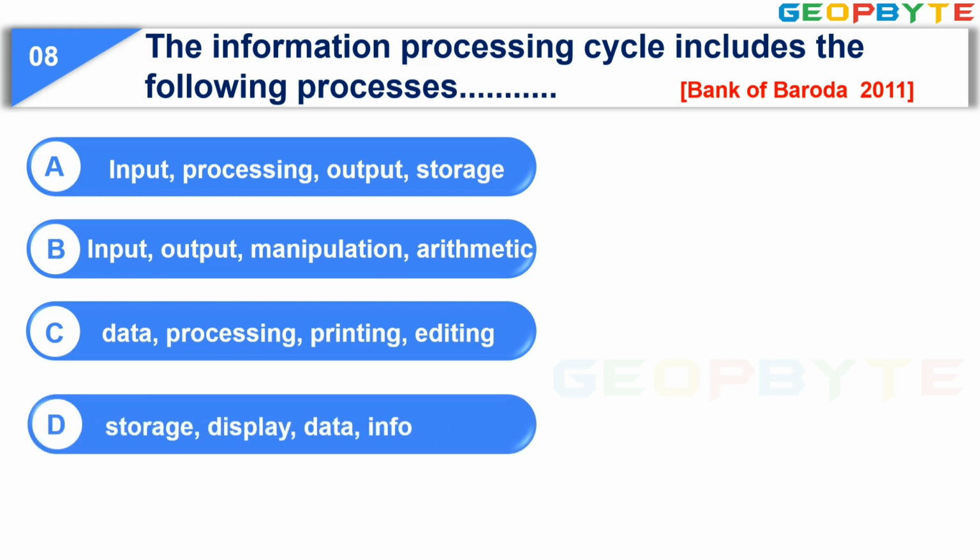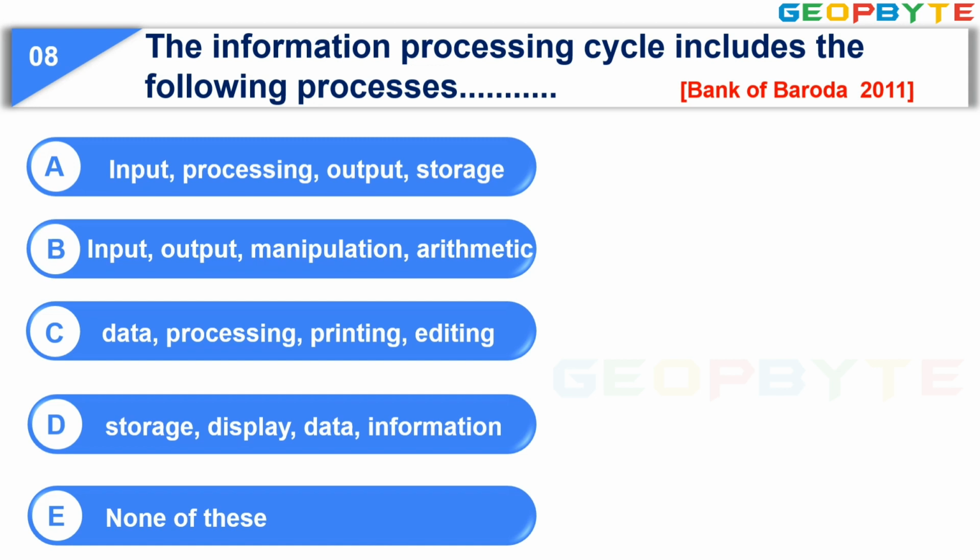Option D, storage, display, data, information. Option E, none of these. And the correct answer is option A, input, processing, output, storage. So the information processing cycle includes input, processing, output, storage.